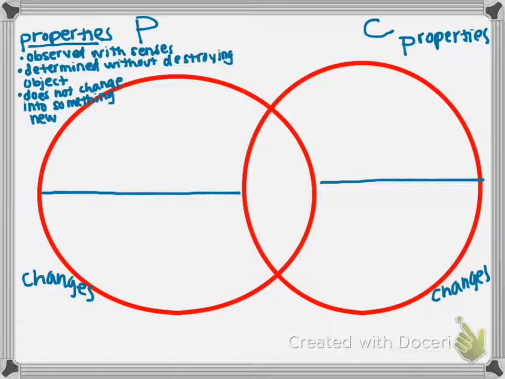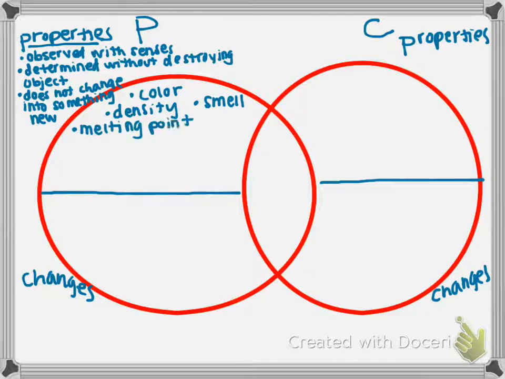Okay, so the top half of this circle on the left-hand side is my physical properties, and some properties include color, density, odor or smell, melting point and boiling point, mass, volume, and viscosity.